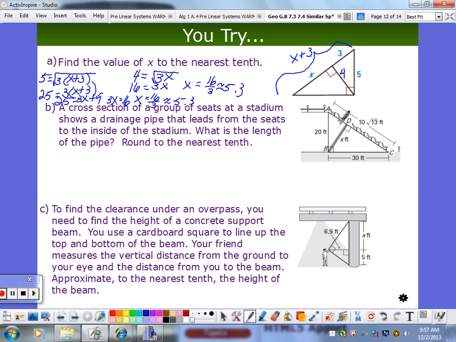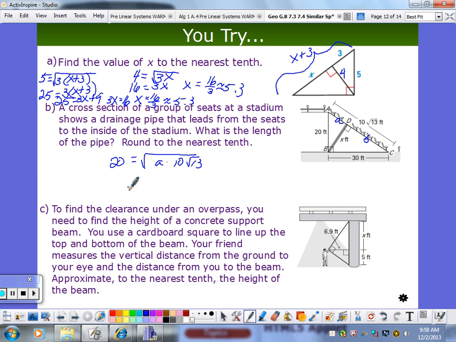I kind of looked at it as saying, well, gee, to find this, it's the geometric mean of this piece and this piece, right? But I only know the whole measurement. Well, what else do I know? I know the sides. So I can do this: 20 is the geometric mean of something I don't know, and I'm going to call this one A and this one B. A times 10 radical 13, is that right?